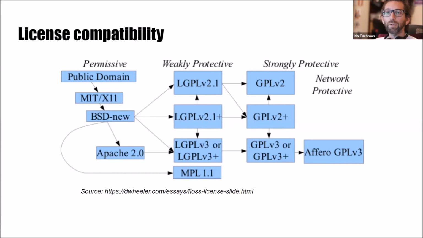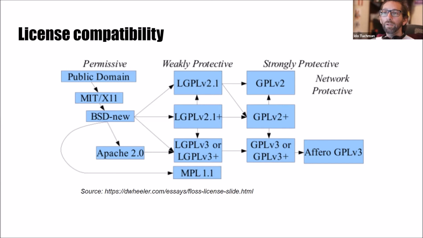So for example, Apache 2.0 licensed code can be subsequently licensed or combined with code that's GPL v3 license. So you see the arrow leading from Apache going to LGPL3, that's the loosely permissive license. And then it goes to the GPL v3. So that's permissible because there's arrows that lead to that path.